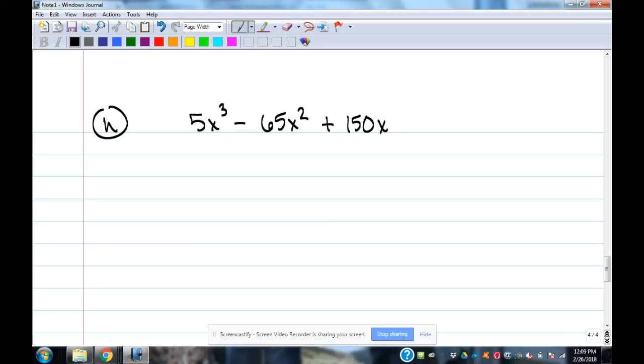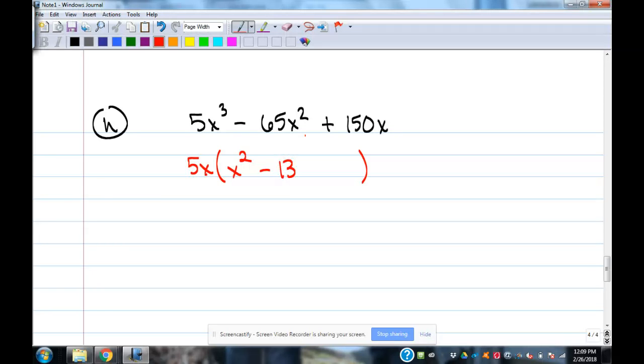They all have an X. How many X's do they all have? One that they share. So we're going to have a GCF of 5x. What's that going to leave in the parentheses? I pulled one of them out. Should be x squared minus, no, how much? 13x.